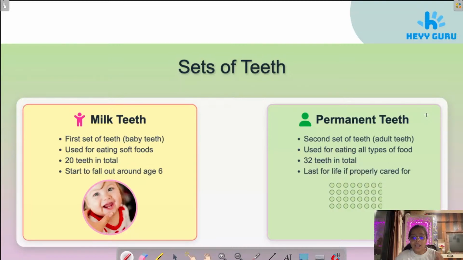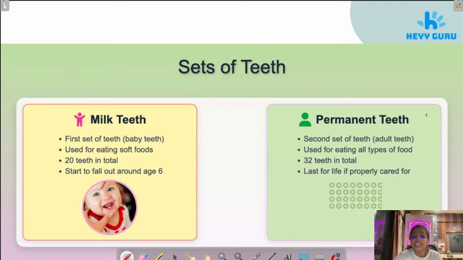Then after those 20 teeth, which start falling around age 6, you get another set of teeth, the second set, which you can call adult teeth, which is used for eating all types of food. Milk teeth, your baby teeth, are basically only for eating soft food. But when you have adult teeth, you can eat hard food too, or any type of food.